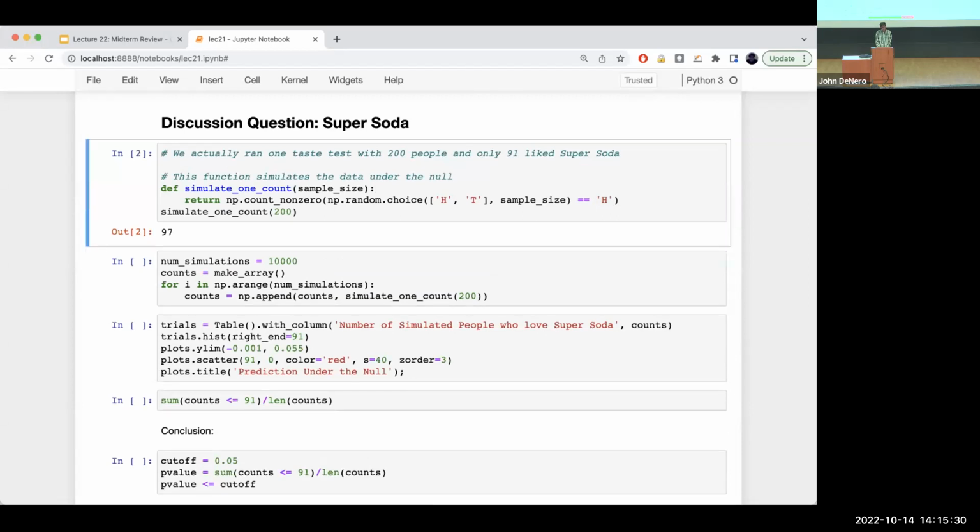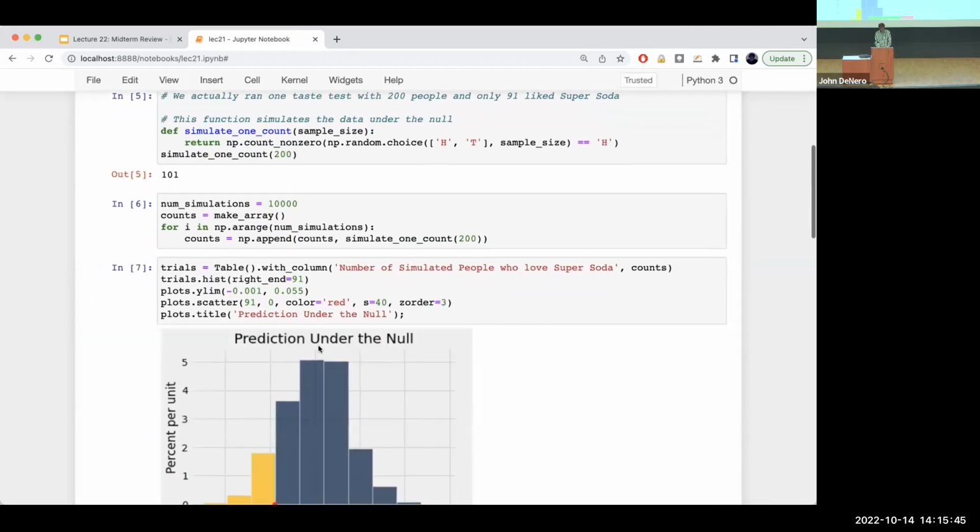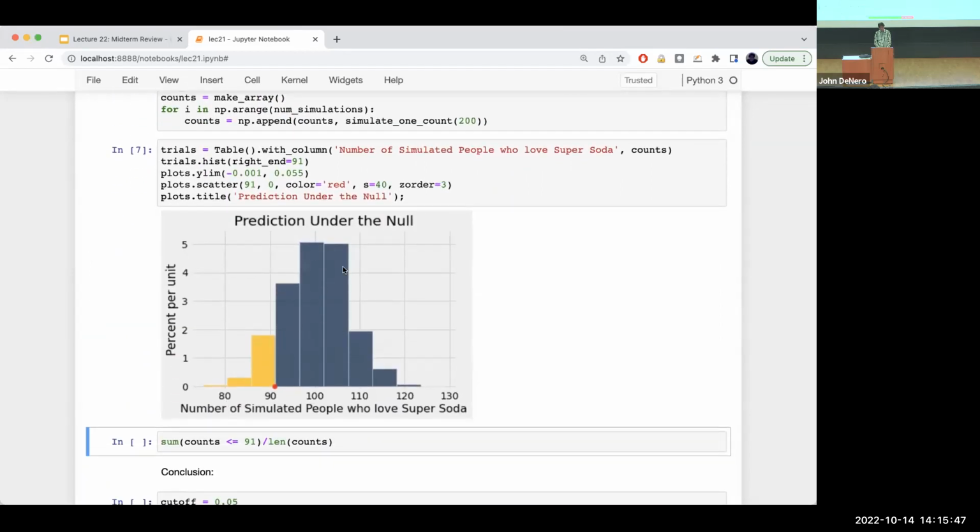So running this once gave us the number of people who prefer super soda out of 200 in a randomly simulated version of the world under the null hypothesis. And this varied a lot. So we ran it 10,000 times and got a distribution under the null hypothesis of the test statistic.